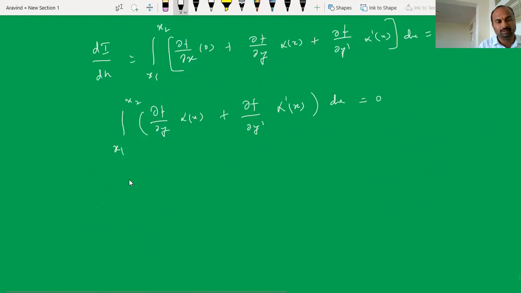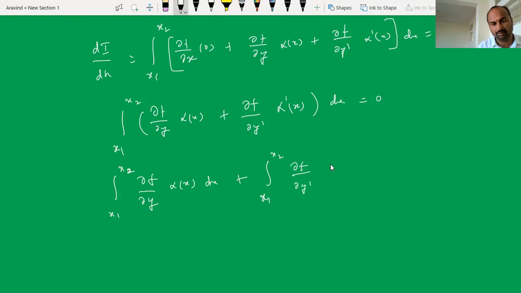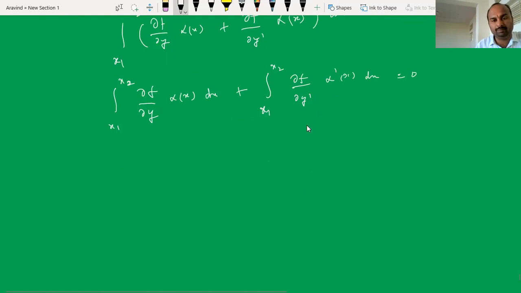Now I will write it as two integrals. Integral from x1 to x2 of ∂f/∂y into α(x) dx plus integral from x1 to x2 of ∂f/∂y' into α'(x) dx, that is equal to 0. Now I will apply integration by parts for the second integral. I will treat this as the first function and this as the second function.